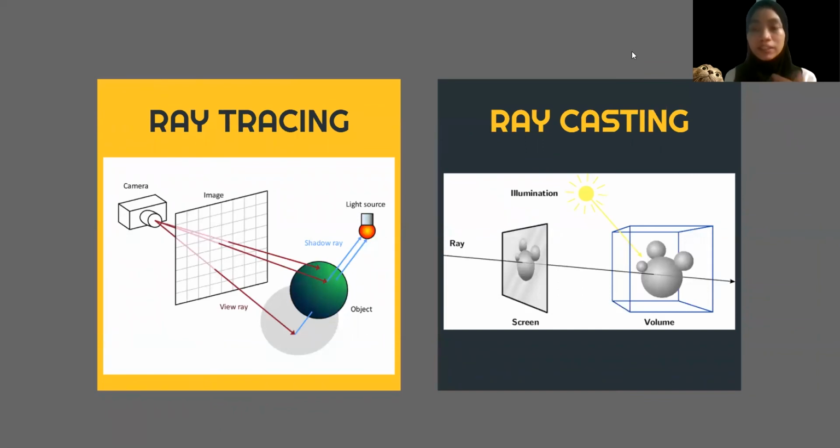After the ray hits the object, the ray will be reflected back through the space. Compared to ray casting, if the ray touches the object, it will continue into and penetrate the object to get the volume data of the 3D object.